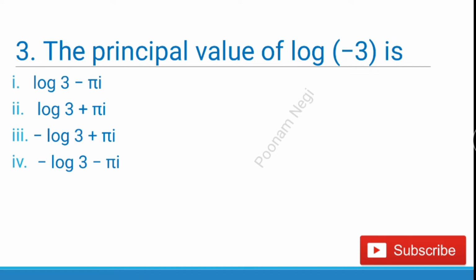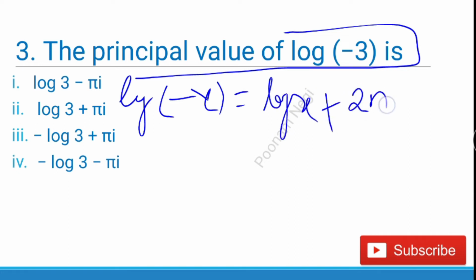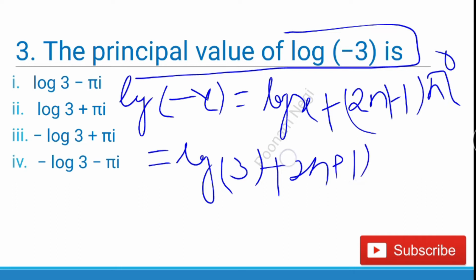Next question is the principal value of log(−3). As we know, the general value of log(−x) can be calculated by log x + (2n+1)πi. That means the general value of log(−3) will be log 3 + (2n+1)πi.